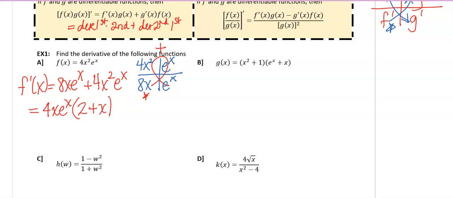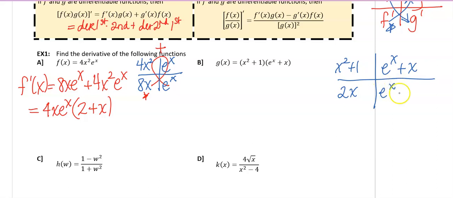All right, for part B, I'm going to do the same. Write our factors. We have x squared plus 1, e to the x plus x. Find your derivatives. Derivative of e to the x, e to the x. Derivative of x is just 1. And then the bow tie. Remember, it's plus.